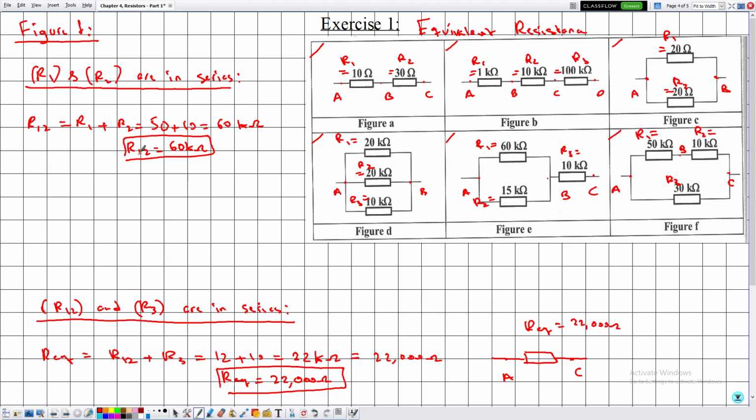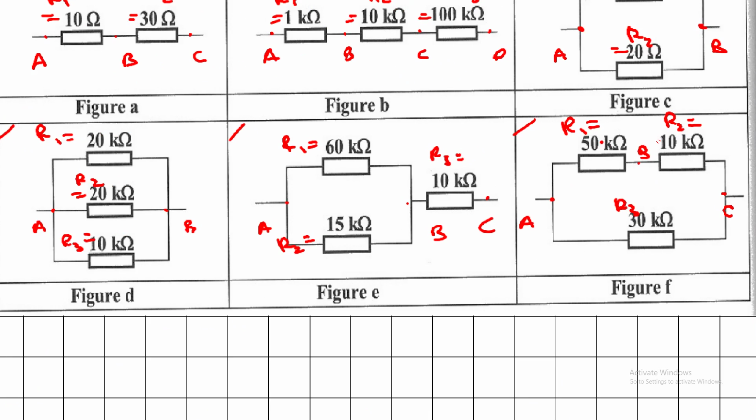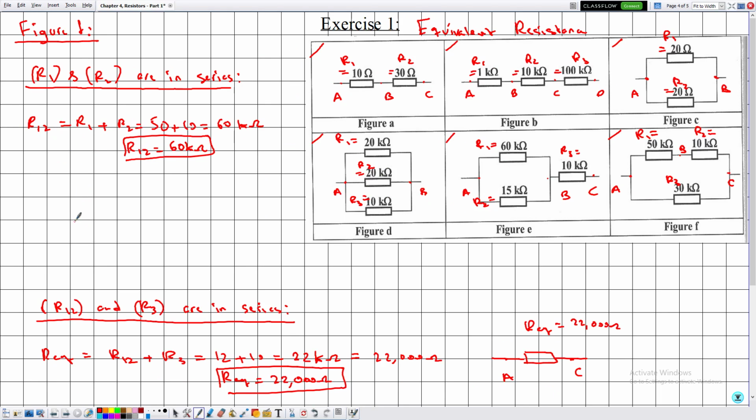Now let's replace this equivalent resistance in the grouping. It will replace the resistors R1 and R2, then the point B will disappear. This is the point A, this is the point C. This is R12 equal to 60 kilo ohms.